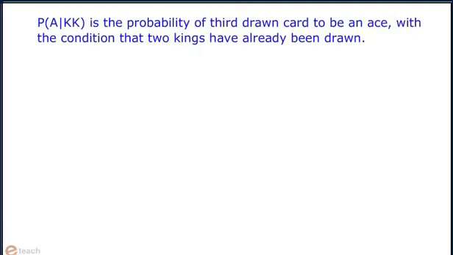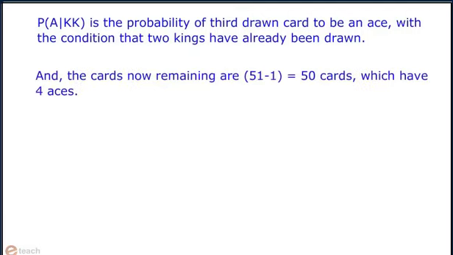Probability of A given KK is the probability of third drawn card to be an ace with the condition that two kings have already been drawn. Now the remaining cards are 50 cards which have 4 aces. Therefore, probability of A given KK equals 4 by 50.